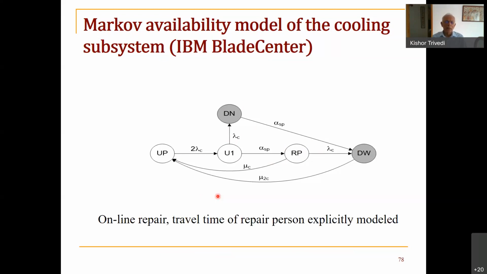And in this particular case, we have something called online repair. So repair is carried out and the system is not brought down to finish the repair and install the repaired fan. Travel time of the repair person is separated from actual repair time, etc. So these kinds of things could not be accommodated in the reliability block diagram.